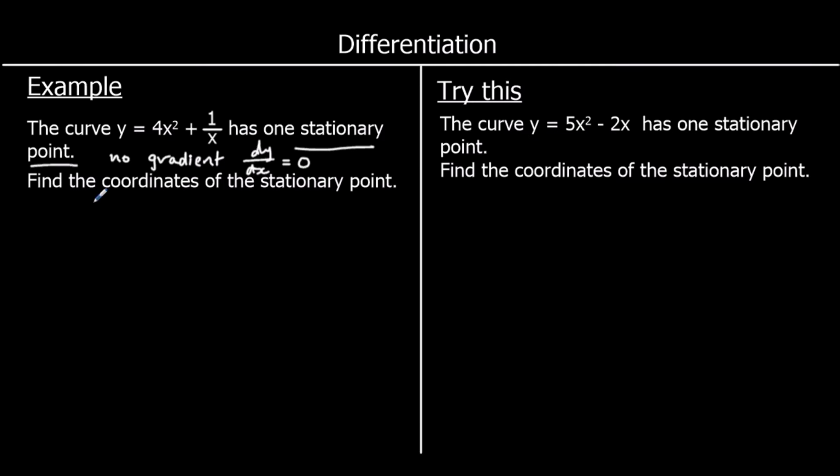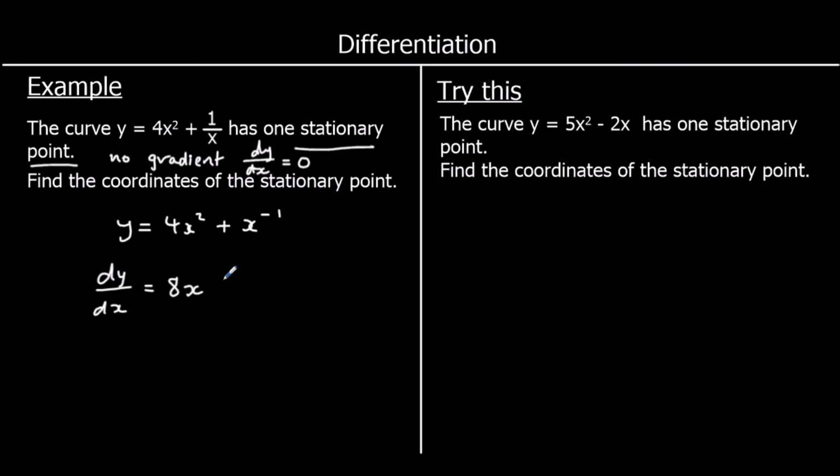And I'm going to rewrite the equation first. So we've got 4x squared. We've got 1 over x. And that's the same as x to the power of negative 1. Now I'm going to find dy/dx. So we're going to times by the power and take 1 off the power. 2 times 4 is 8. And 1 off the power becomes 1, which we don't need to write.